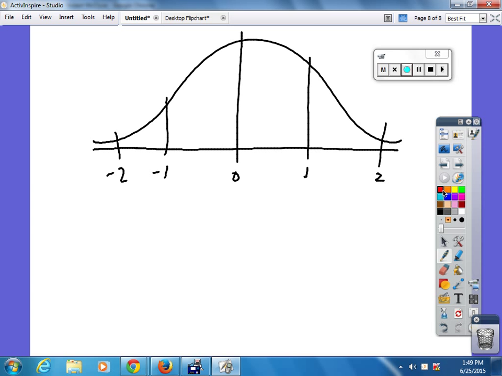I want you to do it by hand and then we'll check it with the calculator. Negative 0.67 and positive 1.5. So I want to know this area right here, and I'll color it magenta.